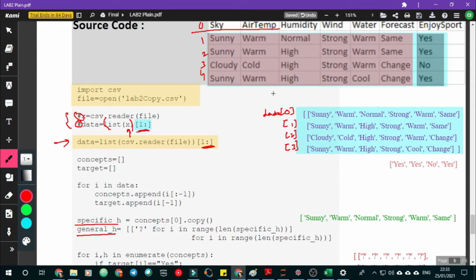Okay, I'm just copying it into a list object called concepts, and I'm copying this into target. I'm copying all the attribute values into concepts and all the labels into target. So how did I do it? Using a for loop, taking the data object into the for loop.